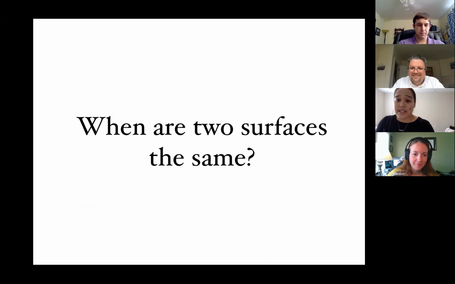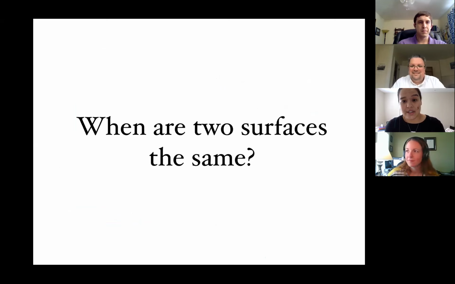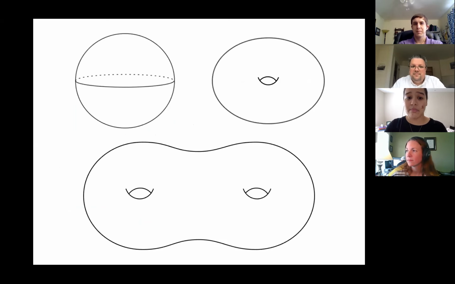And so a very basic question that we can ask about surfaces, this is the kind of question us mathematicians like to ask a lot, right, is when are two things the same? So any type of object that you study, you want to have some sort of classification, some way to tell them apart or see that they're the same thing. Okay, so sometimes this feels like a very easy question to answer, right?